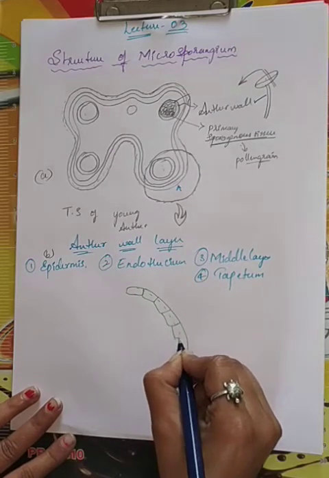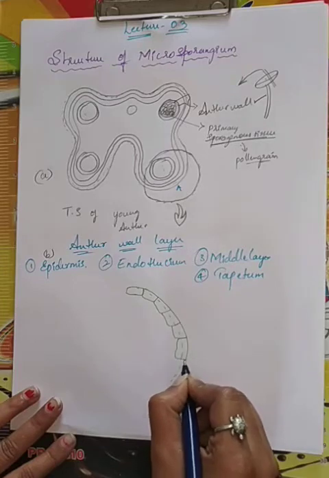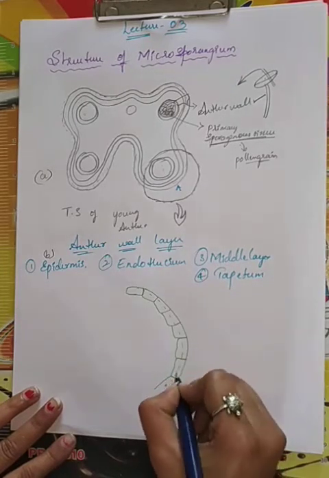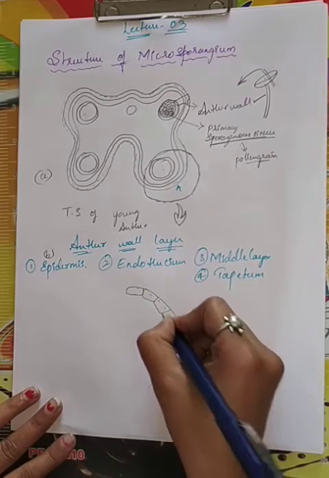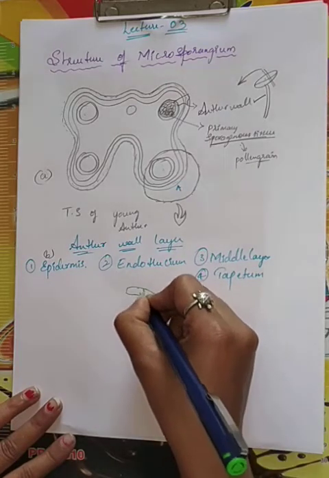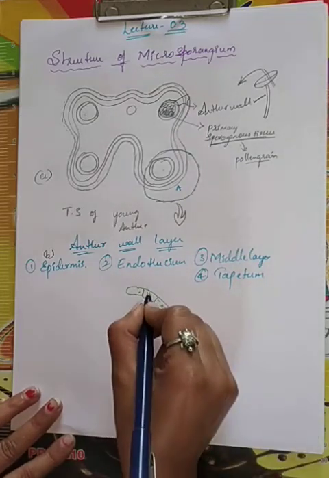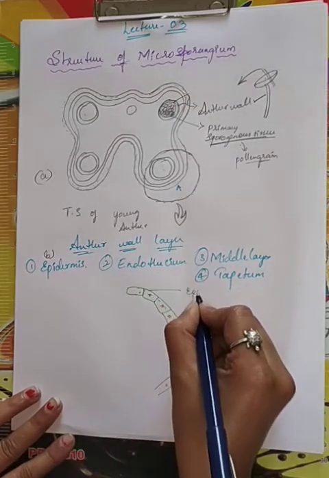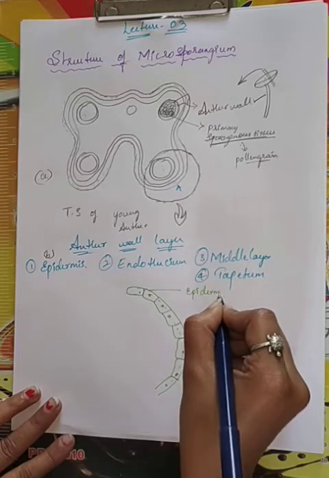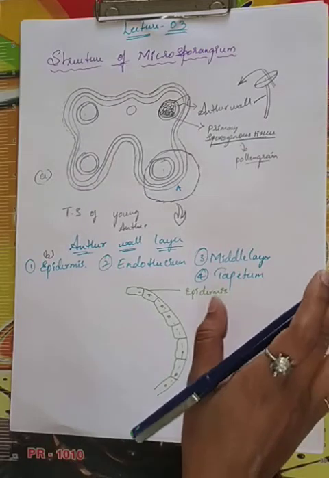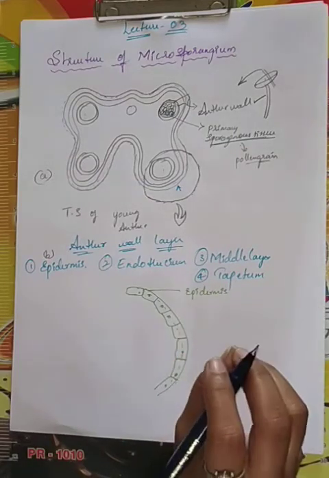This is what epidermis actually looks like. Let me write here: epidermis. Epidermis is the outermost layer and it is single layered.